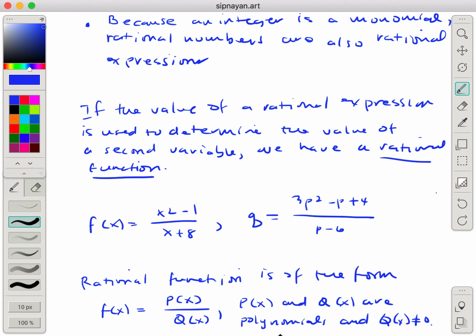Okay? So, yan yung pinaka-definition natin ng rational function.